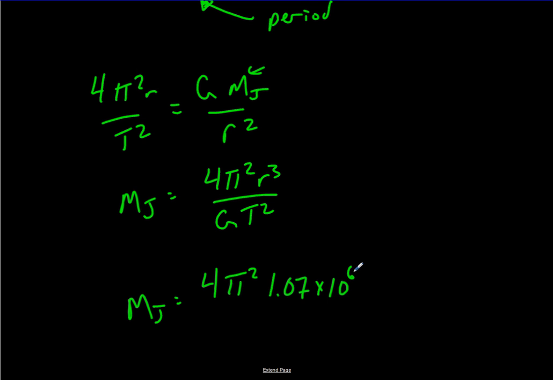This is in kilometers, so we have to have our units in meters, so we have to jack that up to 10 to the 9, and we cube it. G is 6.67 times 10 to the negative 11. Let's put the units on. I always forget what they are, though.